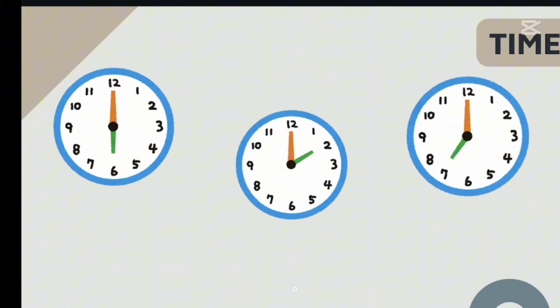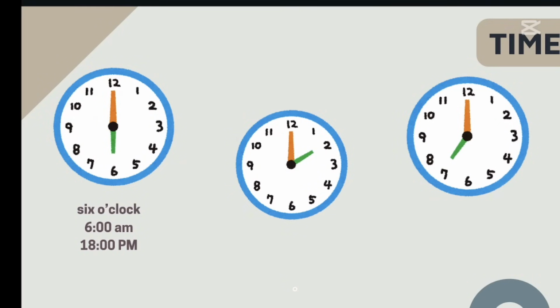Here I have some examples of clocks, so we can determine the proper time and see how to write it properly in words. First, I have 6 o'clock.